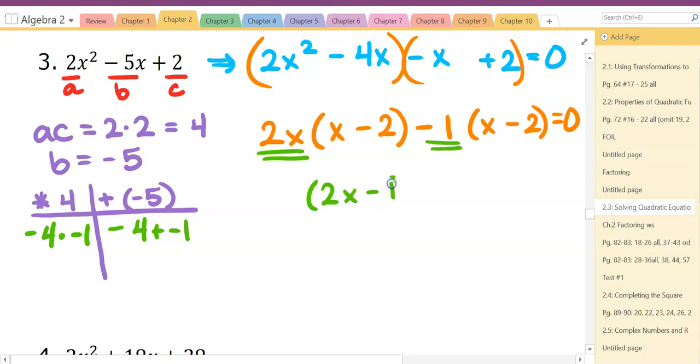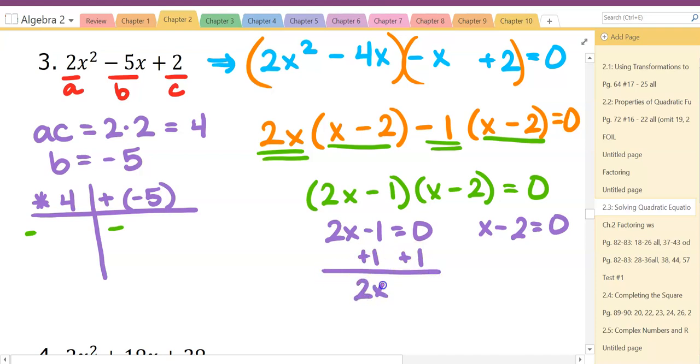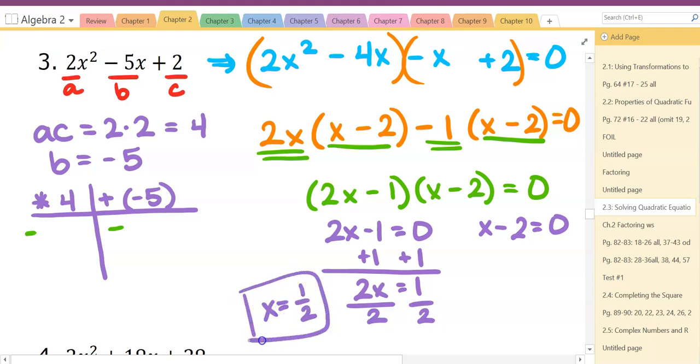Those get put into a set of parentheses. And then x minus 2 gets put into another set of parentheses. This is equal to 0, so now we're setting them equal to 0 here. So 2x minus 1 equals 0, x minus 2 equals 0. So I'm going to add 1. So I get 2x equals 1, divide by 2. So one answer is going to be a half. For the other one, I just add 2, and I get x equals 2.